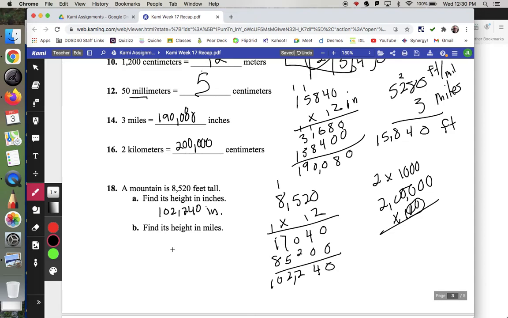And the height in miles, we're going to take 8,520 and divide it by 5,280, because that's the number of feet in each mile.